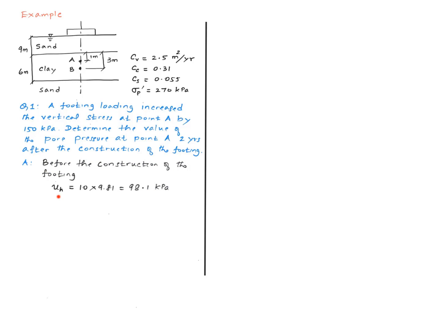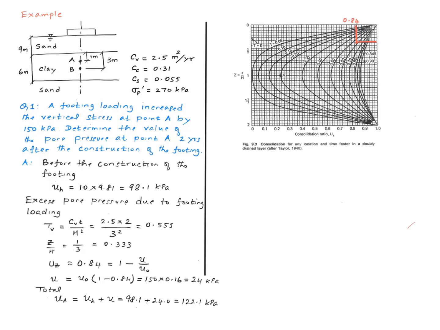It's pretty easy to calculate the pore water pressure before the construction of the footing. There is 10 meters of water above point A, and therefore the pore pressure equals 10 times 9.81, which is 98.1 kilopascal. Now we calculate the excess pore pressure.